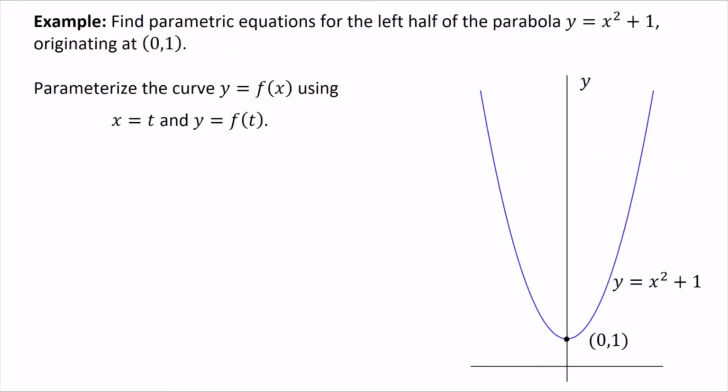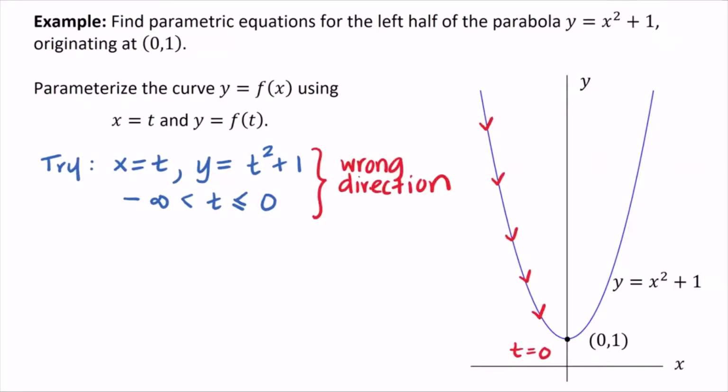In general, one can easily parameterize any curve of the form y equal to f of x using the parametric equations x equal t and y equal f of t for an appropriate t interval. In our example, if we try x equals t and y equals t squared plus 1, where negative infinity is strictly less than t is less than or equal to 0, since we want the left half of the parabola, we generate the curve in the wrong direction.